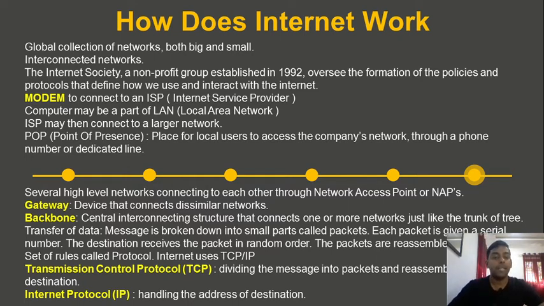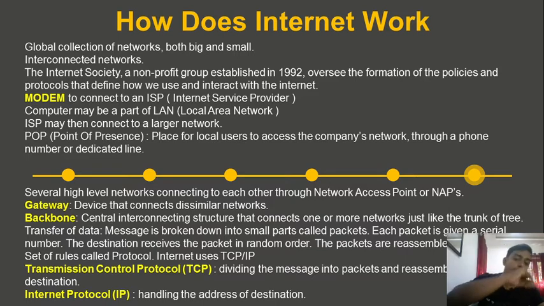Yeah. Then gateway. What's a gateway? It's a device that connects dissimilar networks, just like our school gate, right? We have a completely different atmosphere inside the school campus and outside the school campus. Let's think of them as completely different networks. Inside the school we have one kind of strict atmosphere, one kind of network.